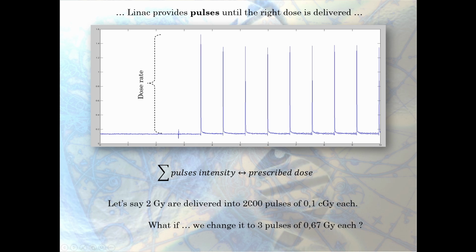So let's say, just for the sake of it, that the 2 grays we want to deliver are in the shape of 2000 pulses, and each pulse is more or less 0.1 centigrade. Okay. What if we were to change that to just 3 pulses of 0.67 gray each? What would happen?